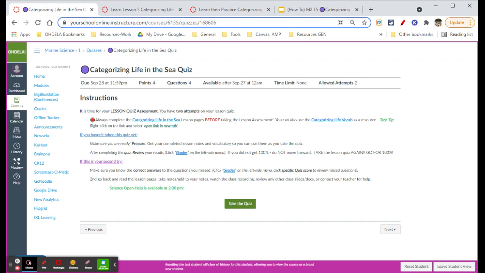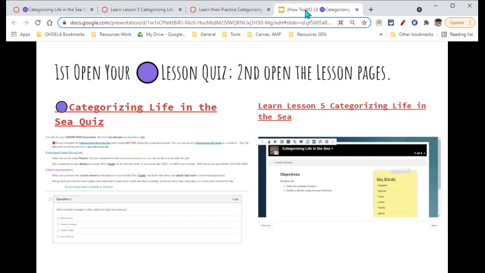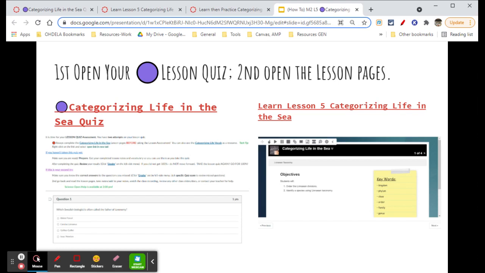But we do want to open a few items. When we are completing a quiz, we want to gather our notes and information we have for the lesson. We want to open the lesson after opening our quiz so that we can use our lesson pages to help us in our responses.